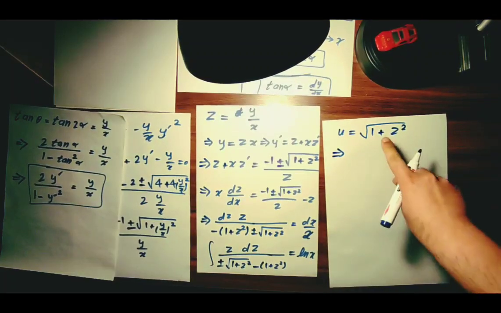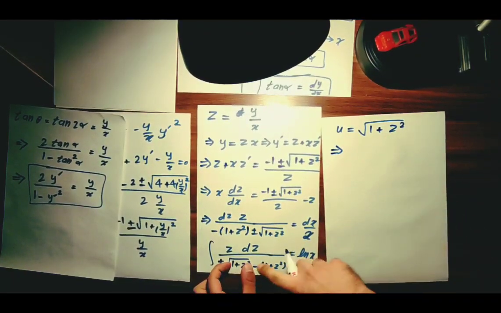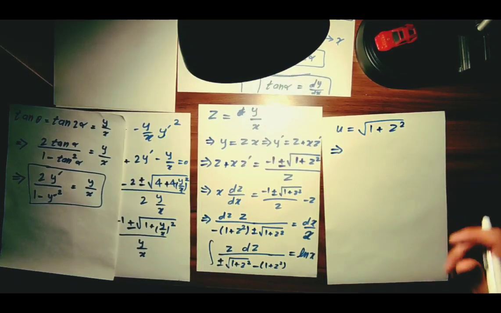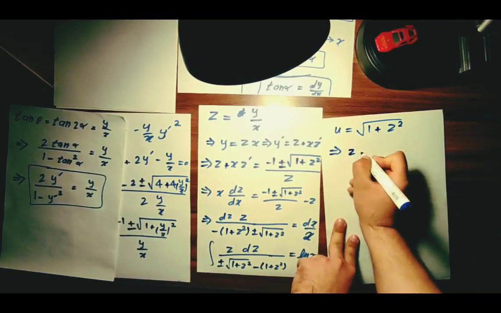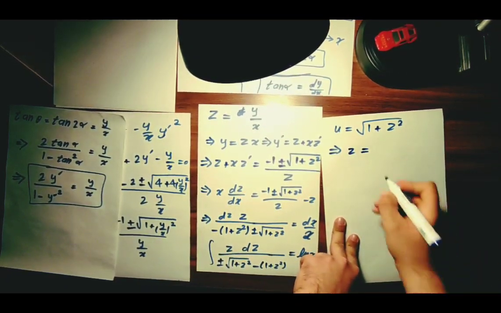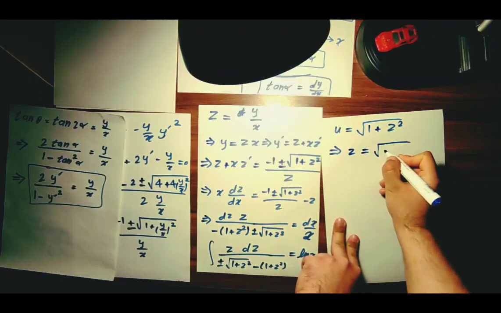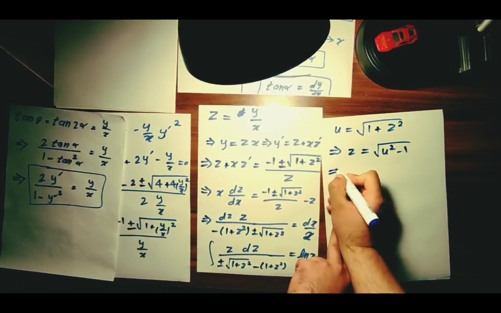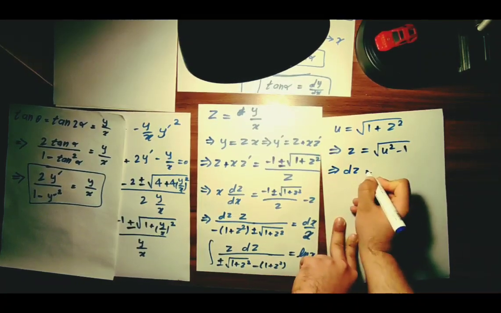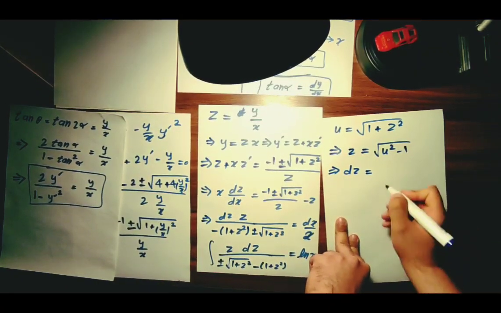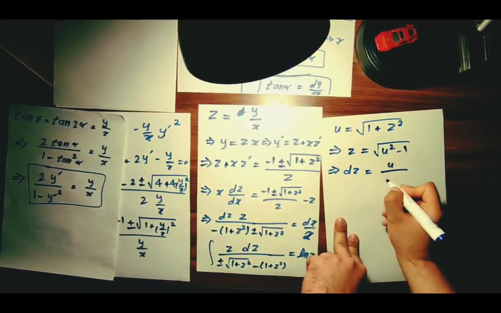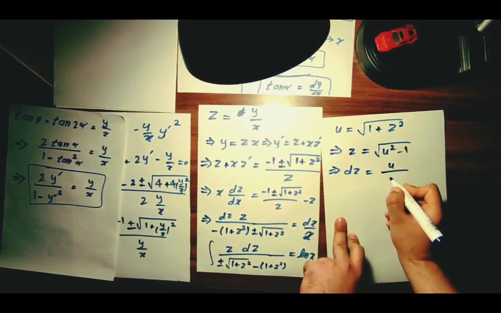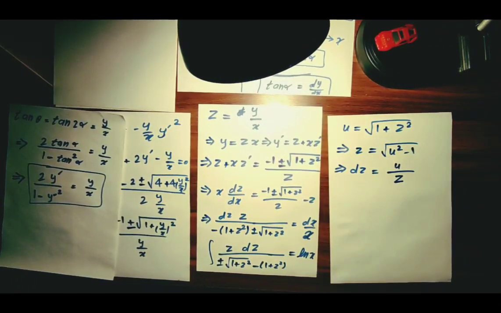When we replace this by u, we need to replace this dz with du. So z is equal to radical u squared minus 1, and so dz will be u du on radical this, which is z.